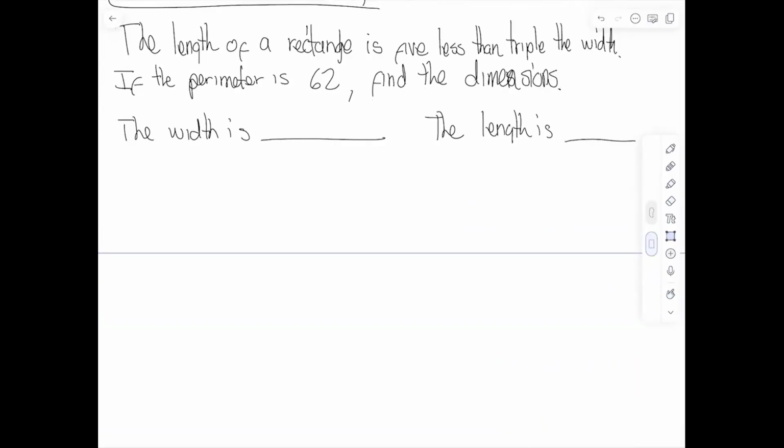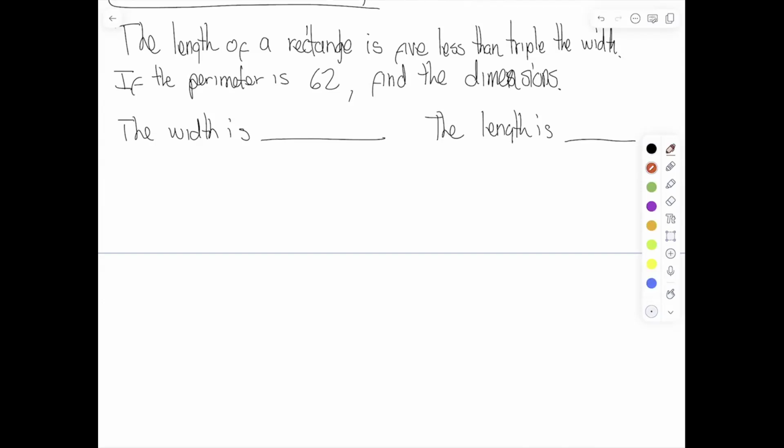The length of a rectangle is 5 less than triple the width. If the perimeter is 62, find the dimensions. The width is what? The length is what? Give me the answer. So I am here to show you how to solve this, so that way you could do this on your own.